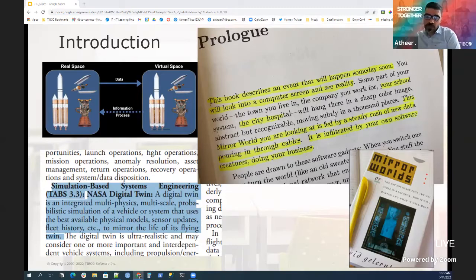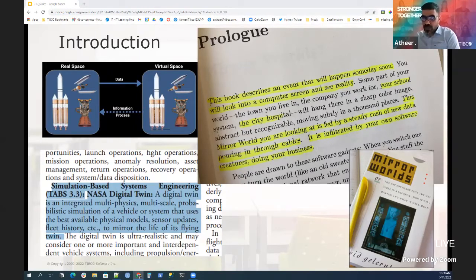But the word itself, the digital twin, one of the early adoptions of this word was by John Vickers from NASA in 2010, in their simulation roadmap. And then they described it as an integrated multi-physics and multi-scale probabilistic simulation of a vehicle system that uses the best available physical models, sensor updates, fleet history, etc., to mirror the life of its flying twin.